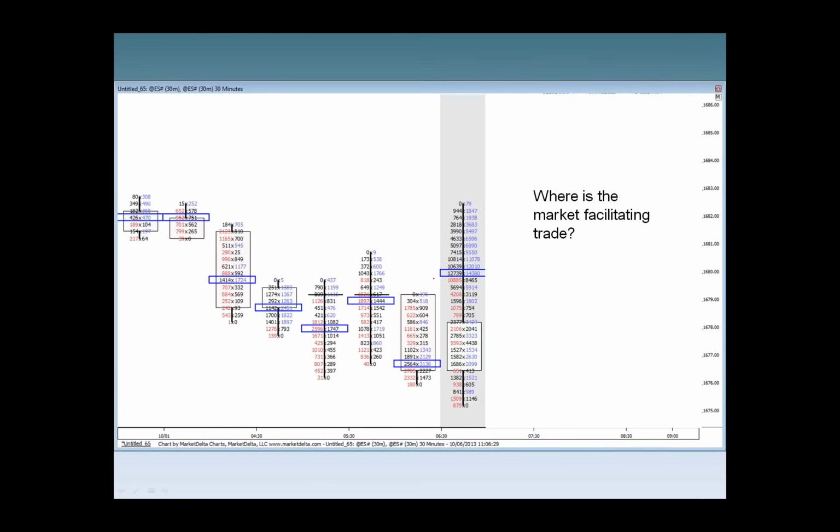So let's now apply this other concept to our nice footprint here and see how we can interpret from the footprint what is going on. The first thing I want to direct your attention to, I want you to look at the volume at the open of the period.